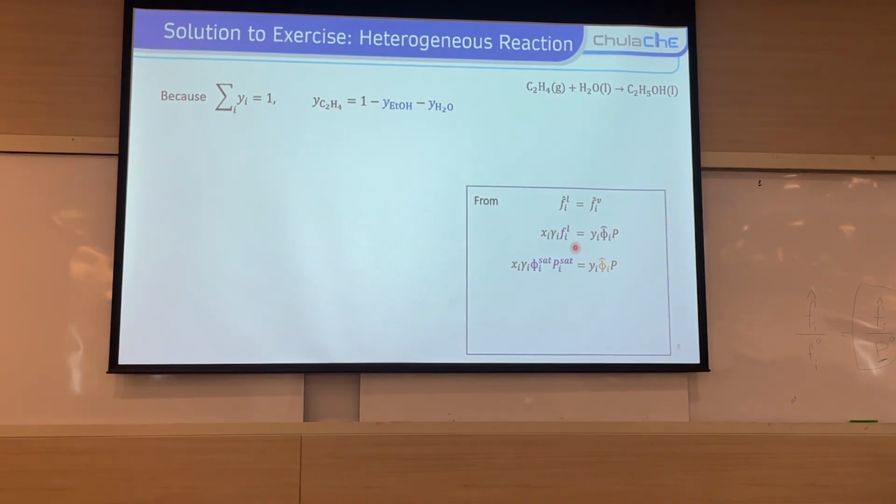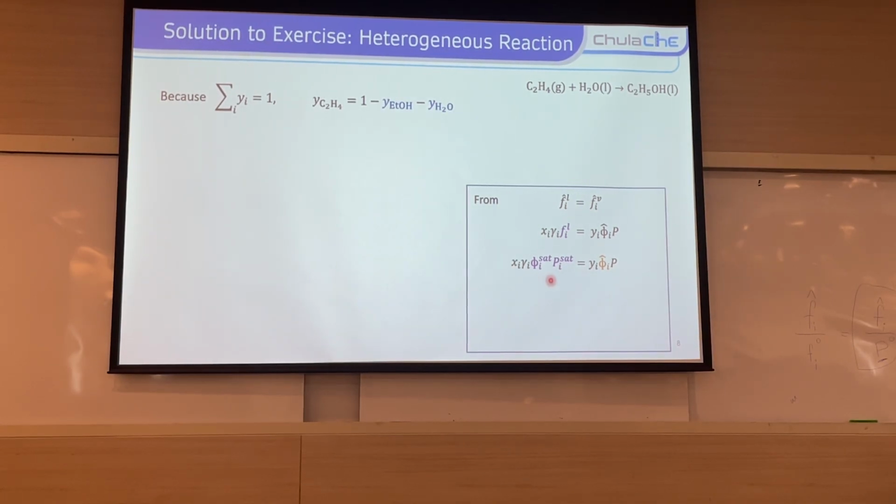Then from the previous slide, you know that the viscosity of pure species i in the liquid phase equals the viscosity coefficient determined at the vapor pressure times the vapor pressure itself. So I change the purple parameter into the two parameters here.